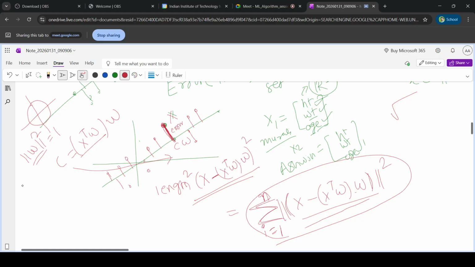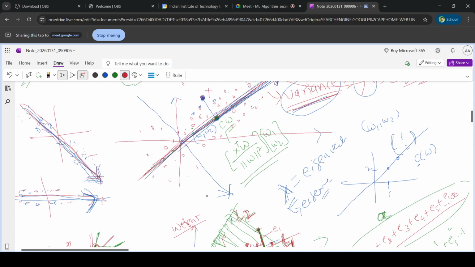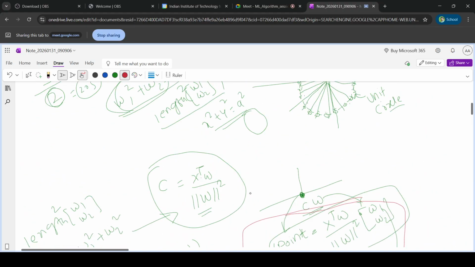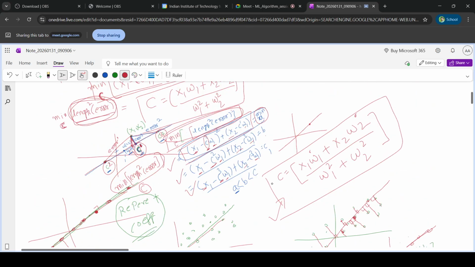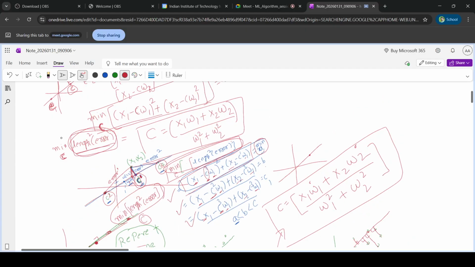Earlier we saw that we wanted the c which gives the minimum. We considered the minimum of c, the c value which gives the minimum of the length square error.